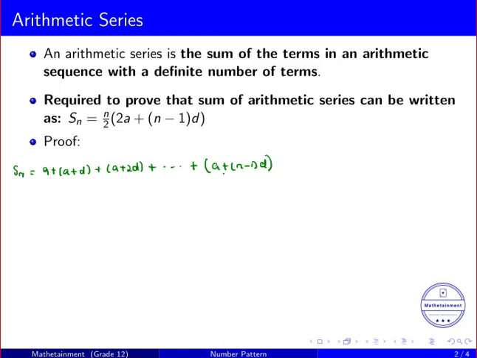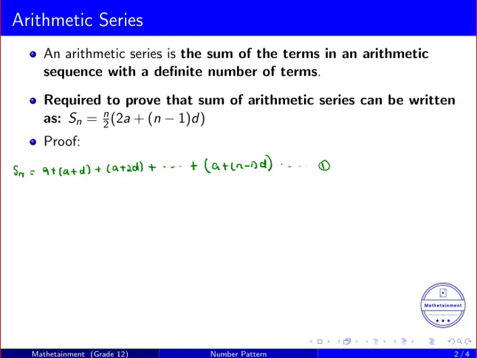So you start from your first term, you keep adding terms until you reach your last term, and we'll call this your equation number 1. Let us have our equation number 2.